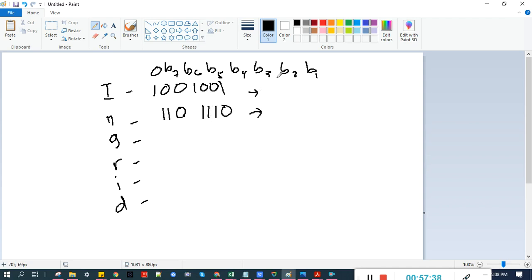Or if we convert it into BCD, this is 4, and then 9, 49 in BCD. BCD or hex.